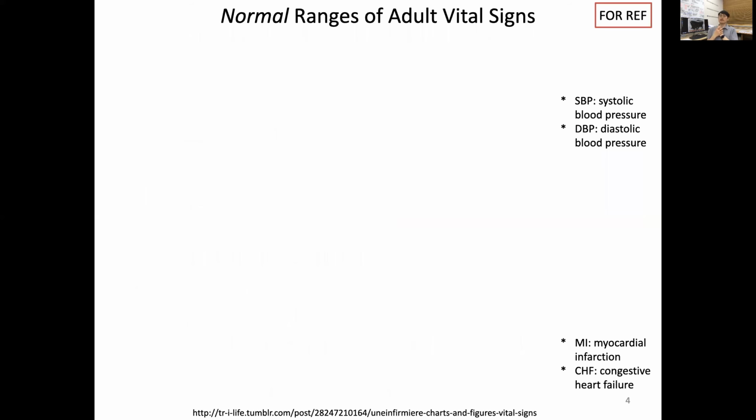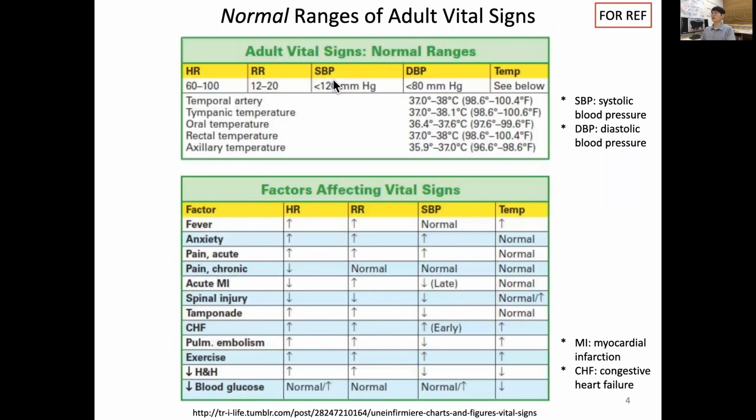So this is reference information, normal range of adult vital signs. Here is an example. For heart rate, the normal range is about 60 to 100 beats per minute. Respiratory rate, the breathing, is about 16 to 20 times per minute as normal.